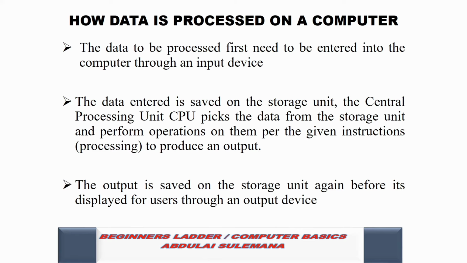So think of the output unit as something that can make the user retrieve whatever information was put into the computer. The meaningful one, I mean. You put in raw, you expect to get meaningful data back.